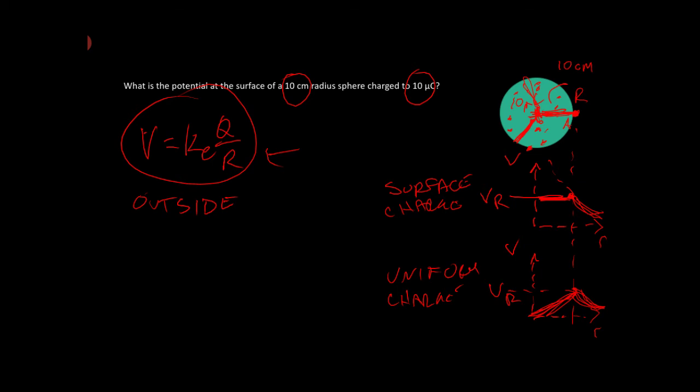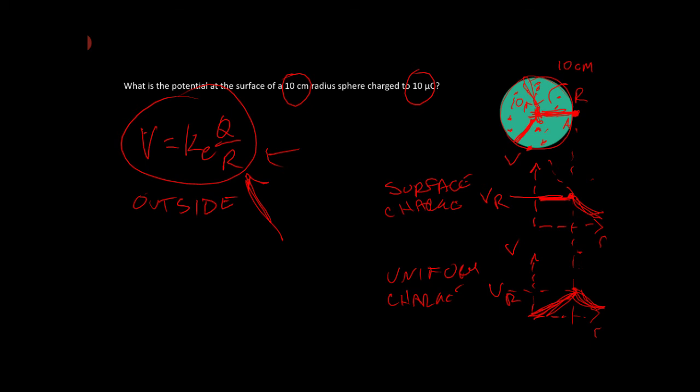So these are two different charge distributions, technically, but outside of the sphere, they're completely identical, which means that you can always use for a sphere, this is your potential.